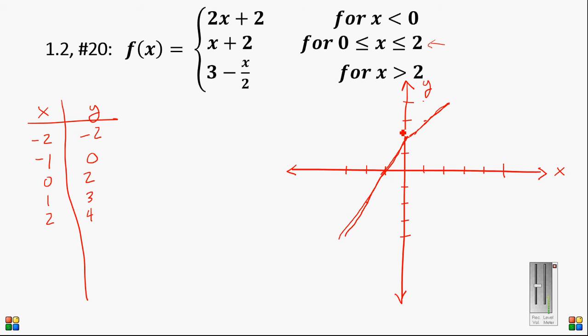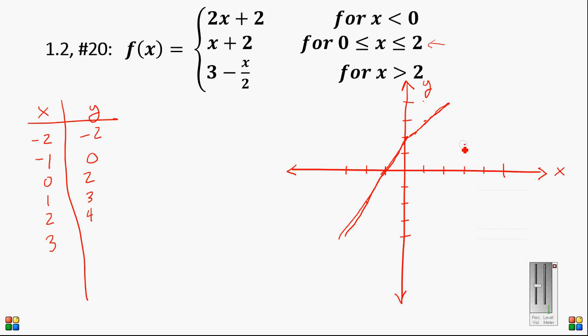Now when I get to 3, a value greater than 2, 3 would be 3 minus 3 halves, which would be 3 minus 1 and a half, which would put me at 1 and a half.